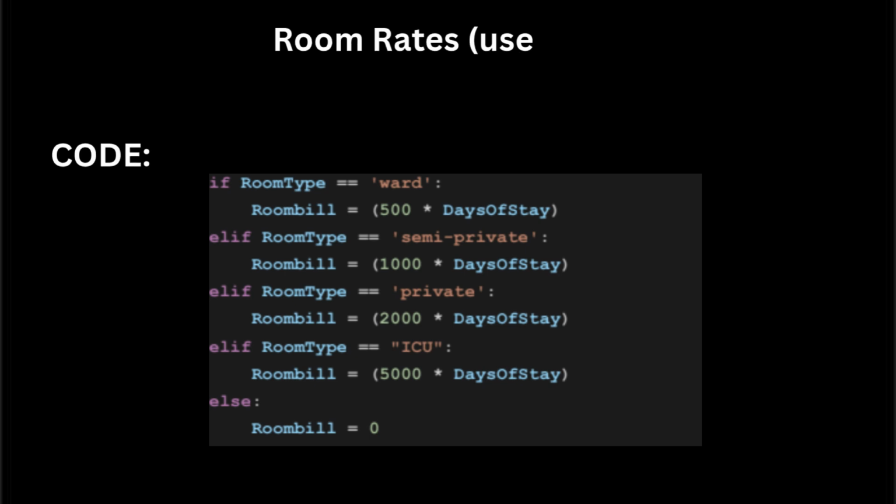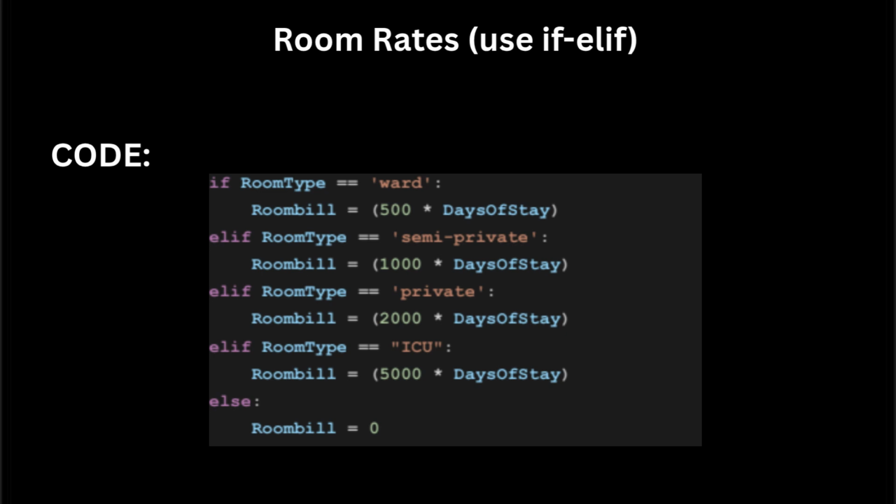Next, we collect the room rates using conditional logic. This is an if else chain that checks the room type variable. If the room type is ward, it calculates the room bill by multiplying the days of stay by 500.